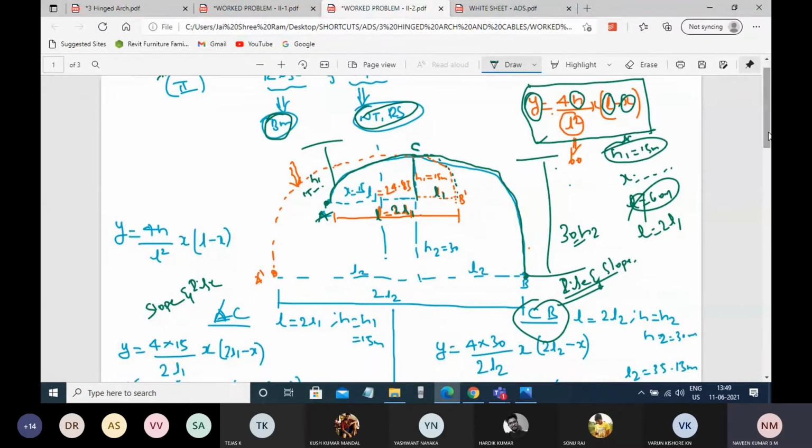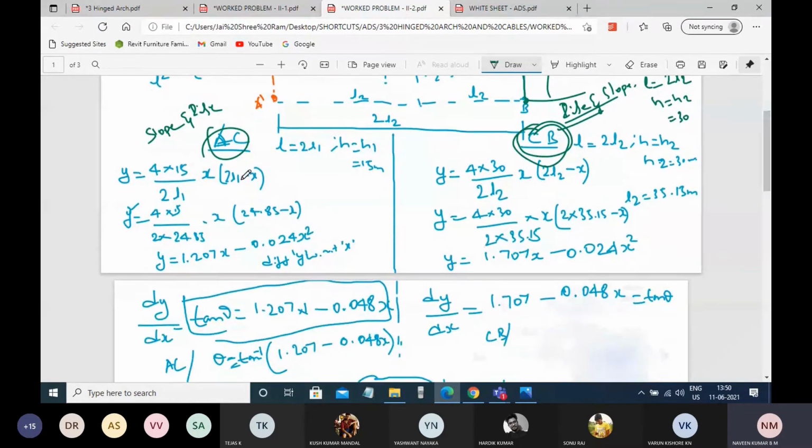Because of the difference in L value, in case of CB, L equals 2 times L2 and H equals H2, that is equal to 30 meter. You can see that H is different and L is different for the AC segment as well as the CB segment. Because of the difference in these values, I'll get different equations for the AC segment as well as the CB segment.